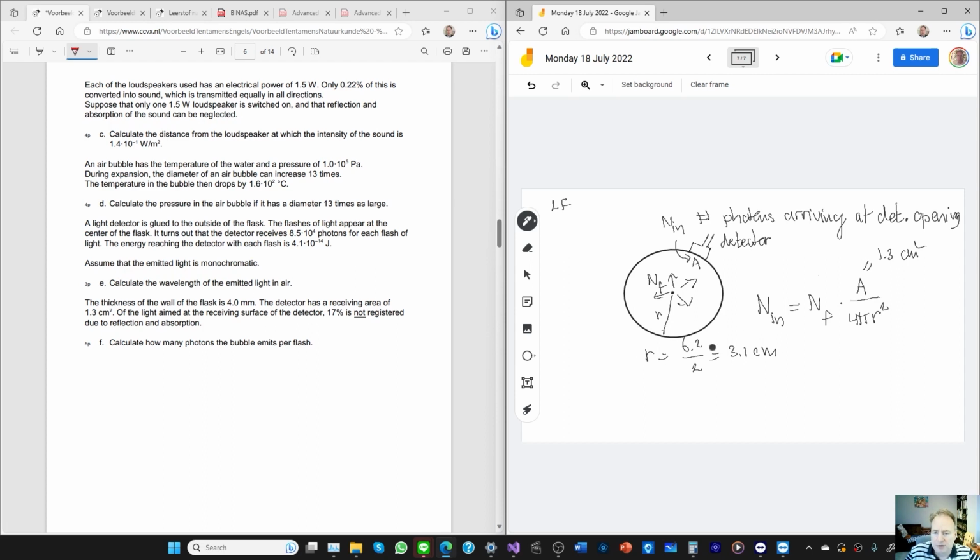What else? Oh, plus the thickness of the wall of the flask itself. So this is in centimeters, so 0.4. So 3.1 plus 0.4 is 3.5 centimeter.